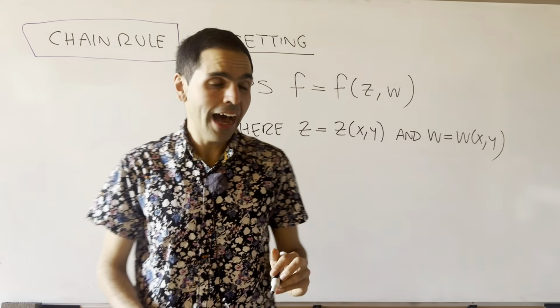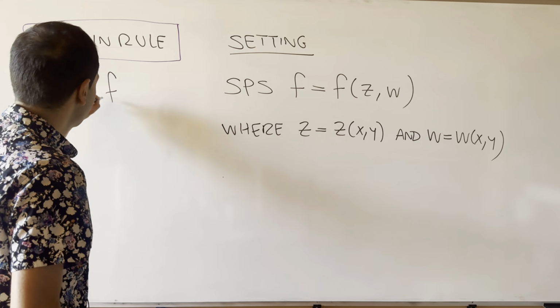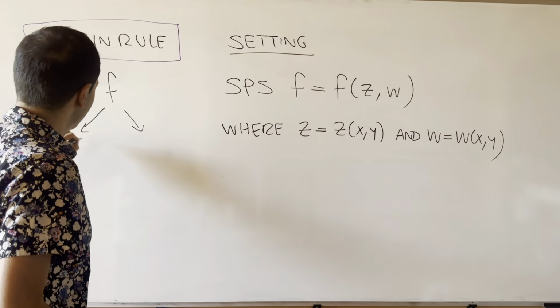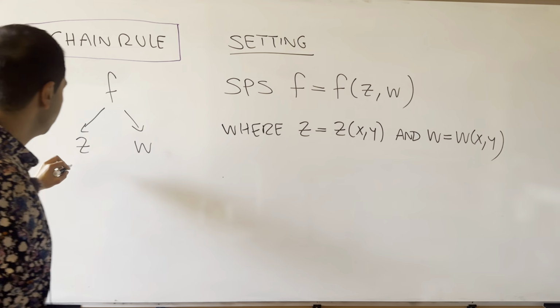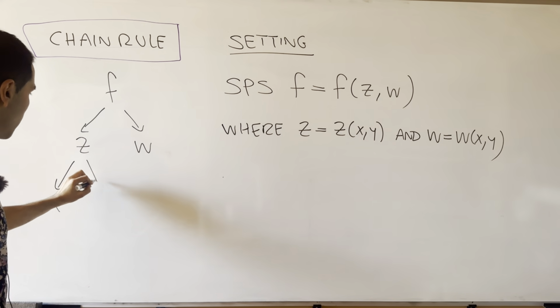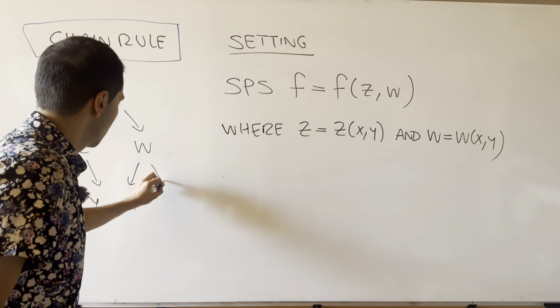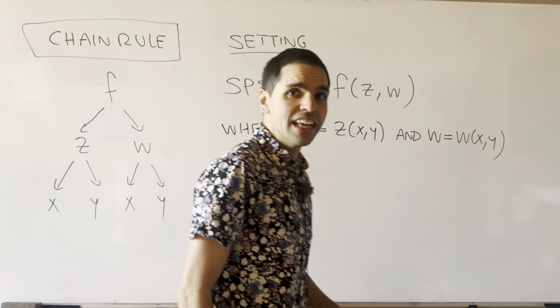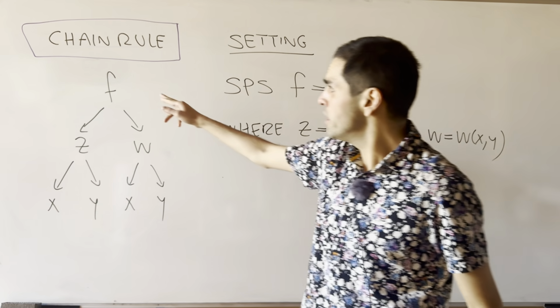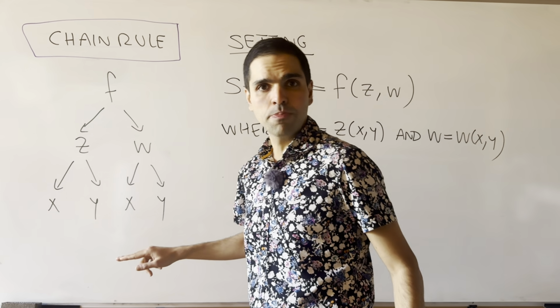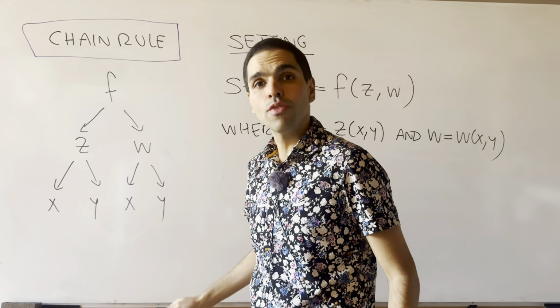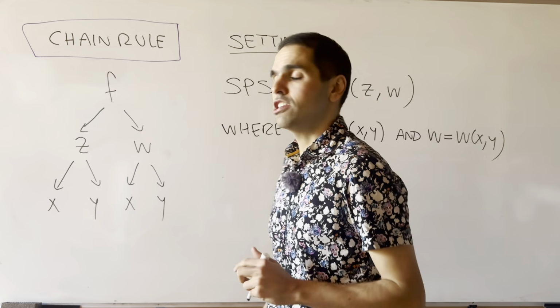So just as a diagram, f depends on z and w, and z depends on x and y, and so with w. And the question is, what are the derivatives of f with respect to x and the derivatives of f with respect to y?